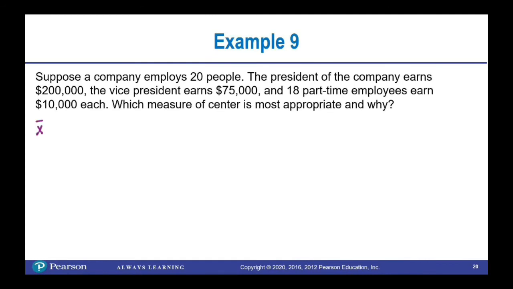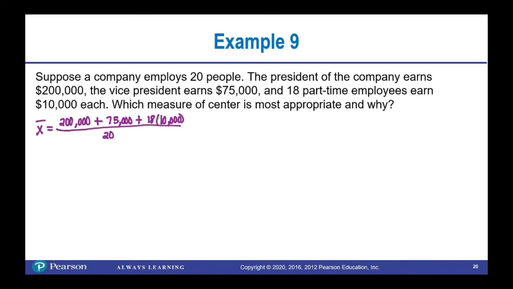So let's start by finding the mean. To find the mean, we add all of our values together. The president earns $200,000, plus the vice president earns $75,000. And there are 18 part-time employees who earn $10,000. So notice here I multiplied 18 times 10,000 for those 18 part-time employees.